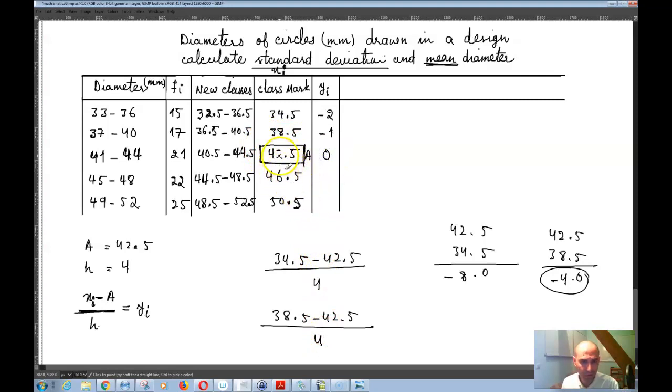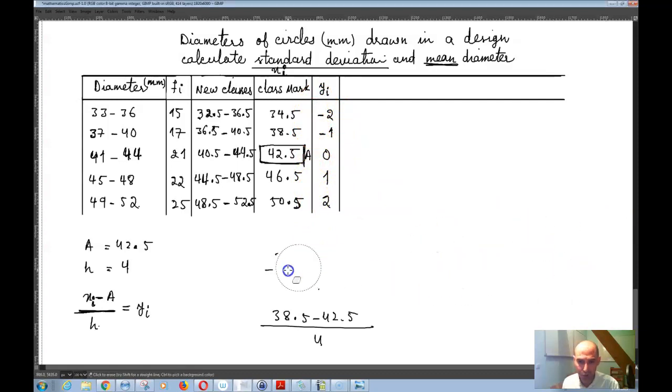46.5 minus 42.5 is 4. 4 divided by 4 is equal to 1. 50.5 minus 42.5 is equal to 8. 8 divided by 4 is equal to 2. And you see these numbers are very easy to deal with as compared to these numbers.